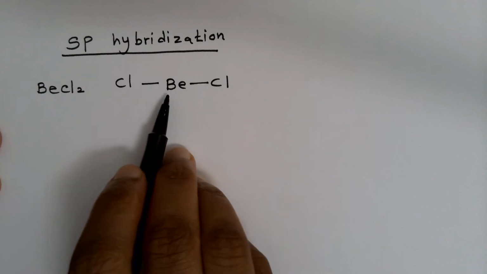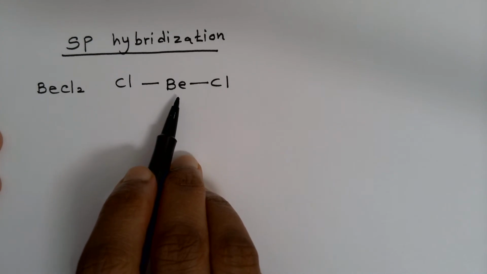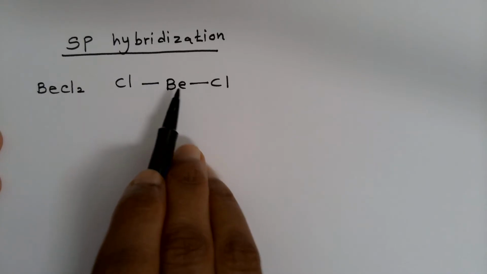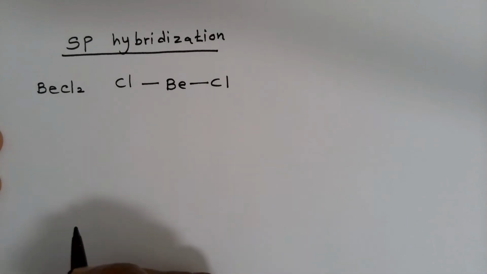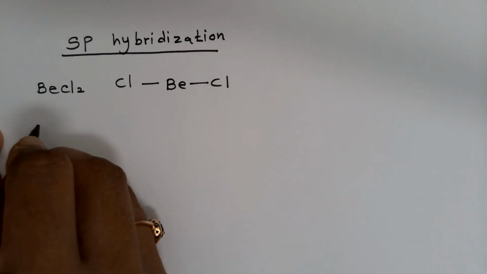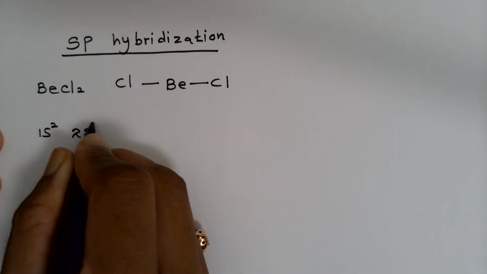Here you need to find the central atom in the Lewis structure before you move on to hybridization. So beryllium is our central atom. Beryllium's atomic number is 4. Let's write the beryllium electron configuration: 1s2, 2s2.